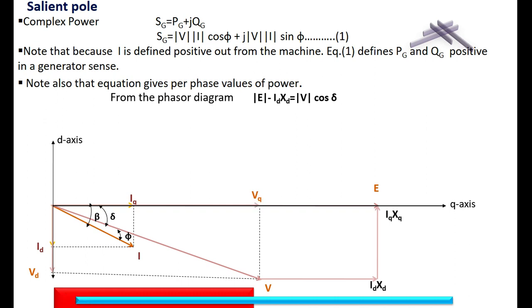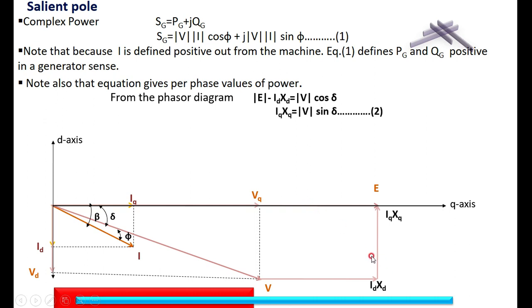Look into the total here. From here to here it is E. In E, if we deduct IDXT, that is nothing but this value. Therefore V cos delta is equal to E minus IDXT, because this phasor is the same as between this point to this point.